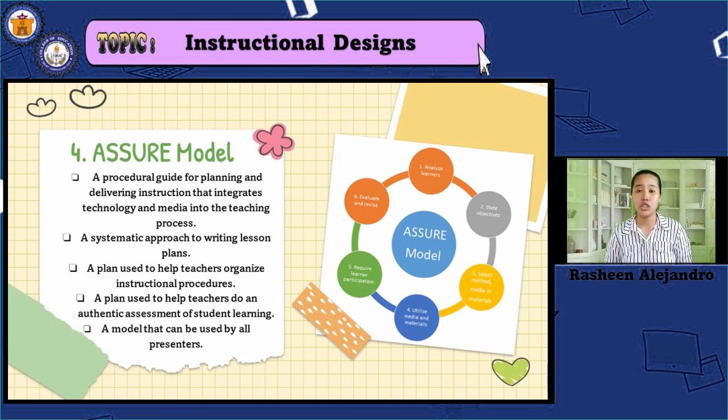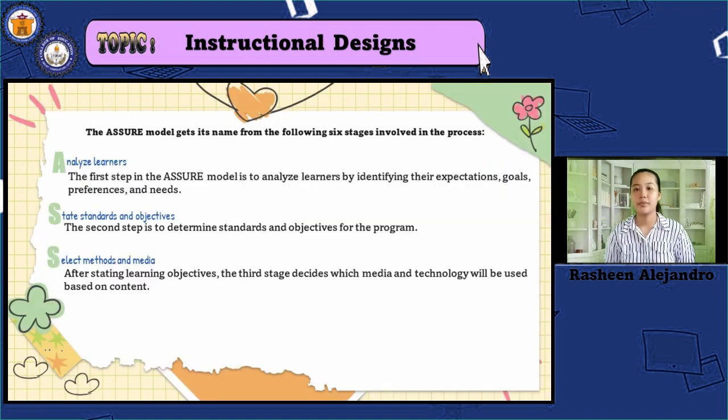So when we say procedural guide, it is a step-by-step procedure. This model can be used by all presenters, and it is also a plan used to help teachers do an authentic assessment of student learning. The ASSURE model gets its name from the following 6 stages involved in the process.